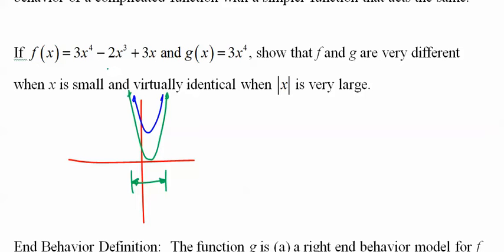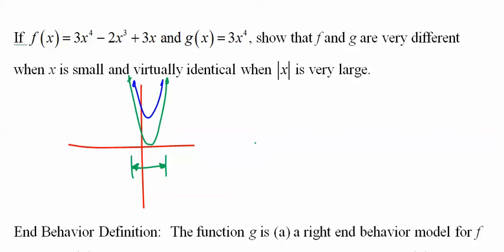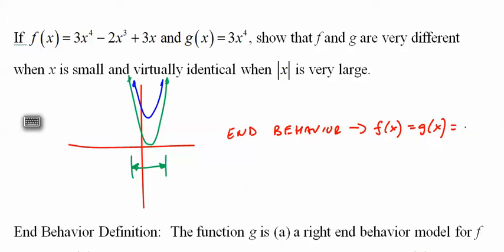They say, what is the end behavior? The end behavior for, if I were to divide these as something else, the end behavior for both of them, for f of x, is 3x to the fourth.